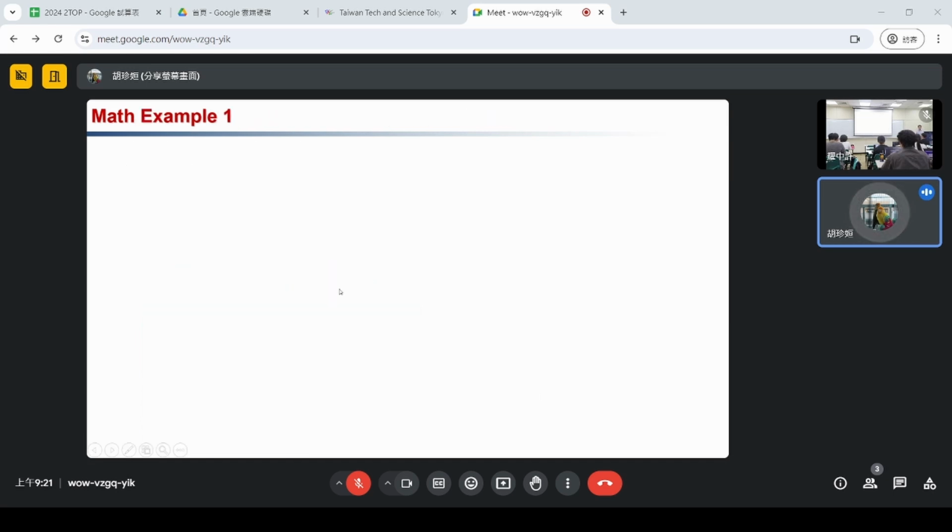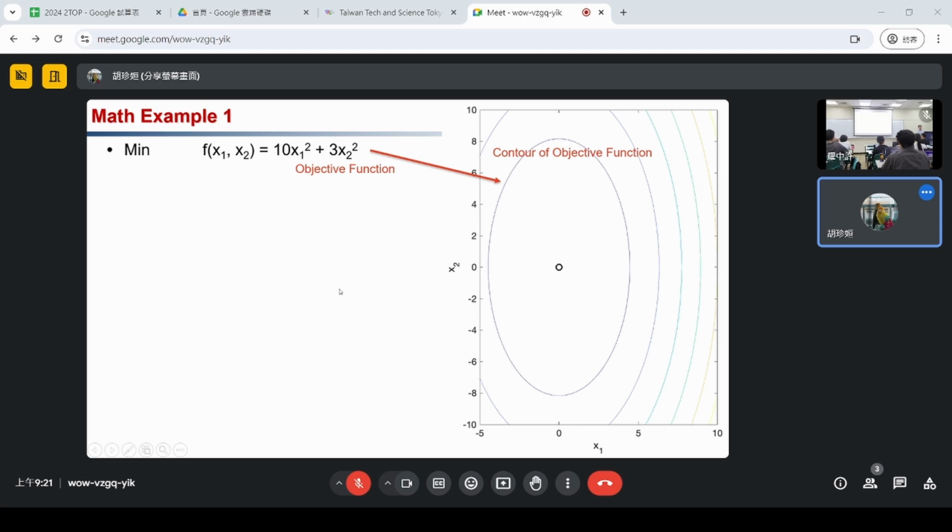So here's one simple example. Here is a math function. This is a two variable problem, so everyone can easily make a drawing of this function: 10x1 squared plus 3x2 squared. Can anyone tell me what the solution is if I want to minimize this function? It's very easy. Yes, 0. Actually, 0 and 0.